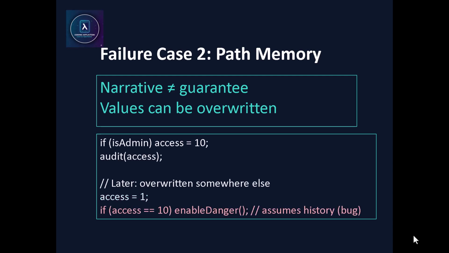Axis could be overwritten by another method, reset by a constructor, defaulted, or set by a completely different condition earlier. The CPU doesn't protect your narrative. It only preserves values. So treat, how do we get here, as a state question, not a path question. If you need to know the path, store an explicit state like role, or compute from trusted inputs at the moment you need it. If you feel unsure, that's normal. You're replacing a story with a trace.